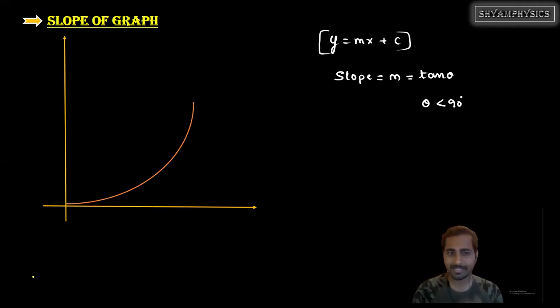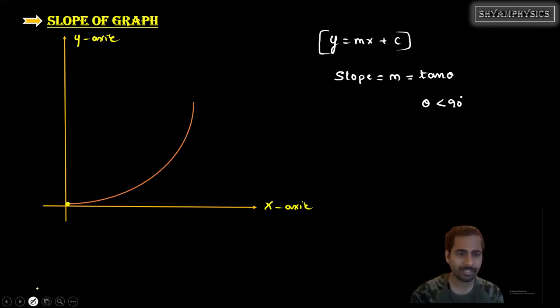For example, in this given figure, this is the x-axis and this one is the y-axis. From this point, the curve is shown in this path. I will take two points on this curve.